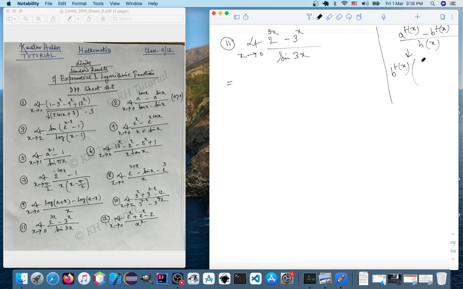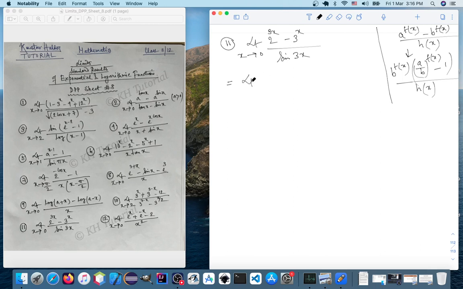And this will become a by b to the power fx minus 1 by hx. This b to the power of x won't create any problem. So we now have the constant a to the power of x, where a is actually a by b. So this is the way we simplify.